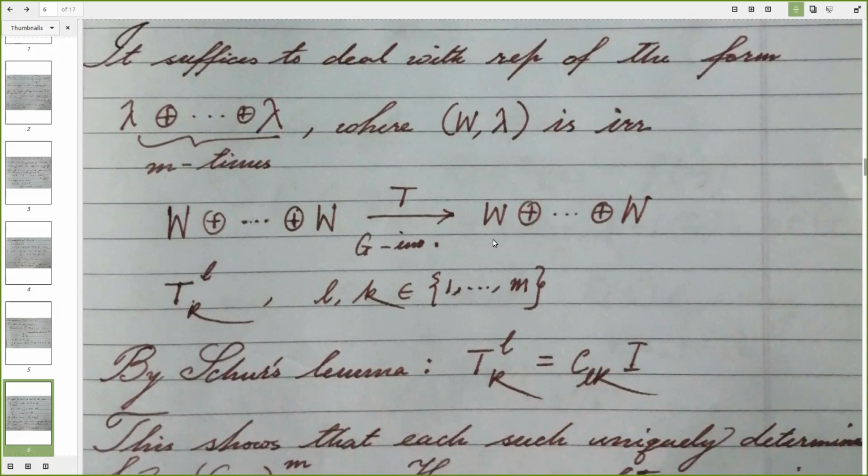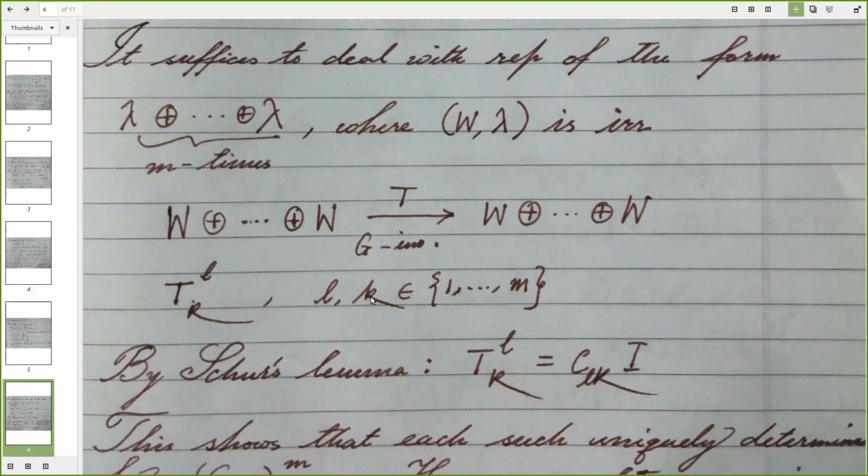First we project T onto the kth summand; that will be a G-invariant map to W, and then we restrict it to the lth summand of the left hand side. That gives me the restriction map, which is of course G-invariant. And remember T_lk, thus obtained, is a G-invariant linear map from W to W.